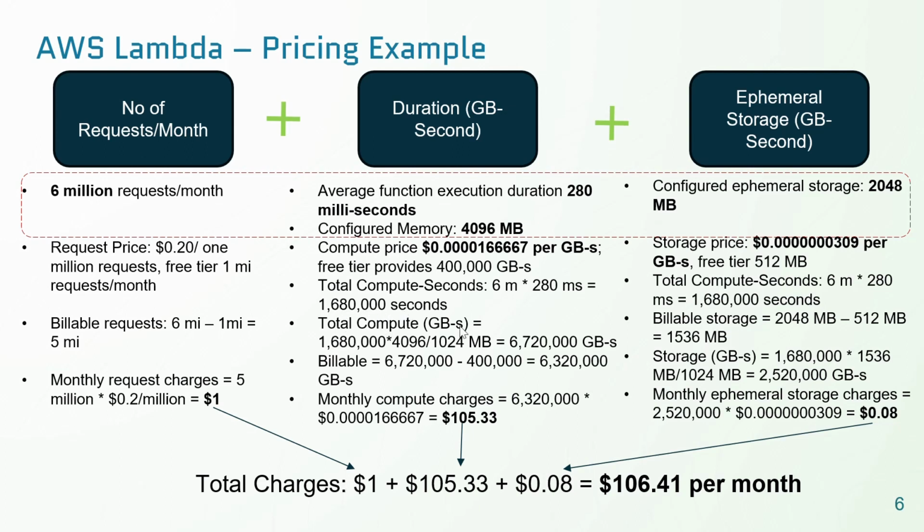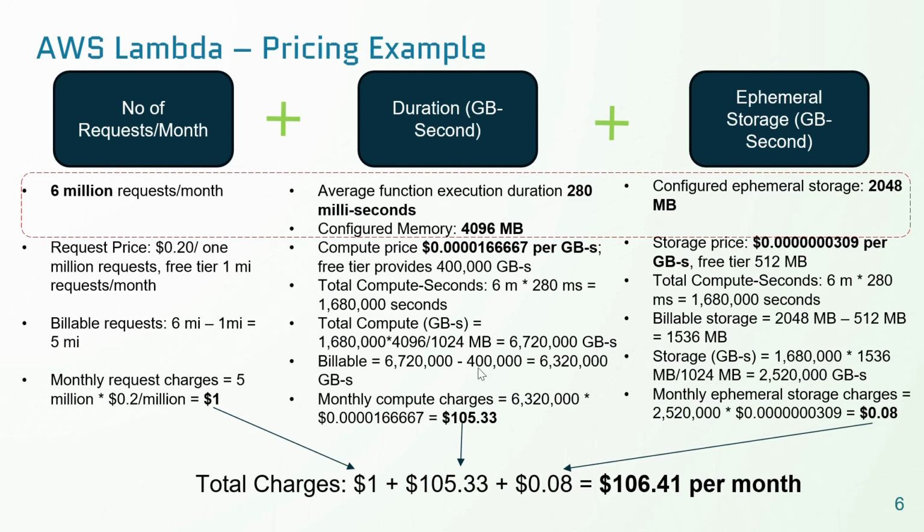Total compute GB-seconds is 1.68 million times 4096 MB divided by 1024 to make it 4 GB, so it is going to be 6.72 million GB-seconds.